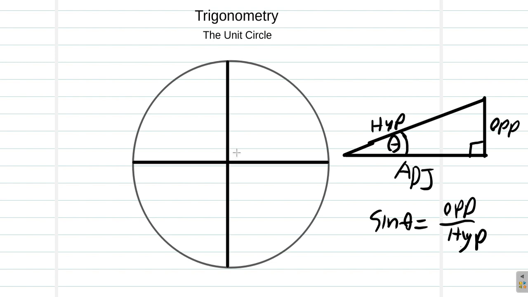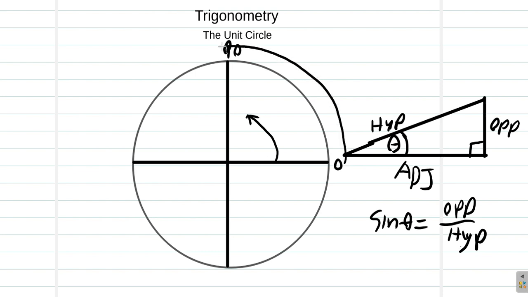So, if you have an angle, first of all, remember, angles are measured in an anti-clockwise direction, and this is considered 0 degrees. Right? Now the thing is, if this is 0 degrees, and you come right around here, that would be 90 degrees. And you continue here, that angle would be what?